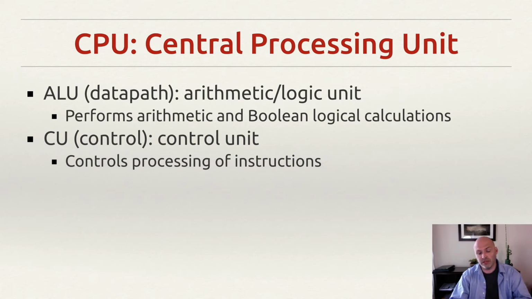The control unit takes that instruction and sends the correct signals to the adder so that the ALU does in fact do the subtraction. It's the control unit's job to be the conductor of the orchestra. It is the one that tells which wires to conduct information or electricity, which is conducting information, at any given moment to affect the result that we want.